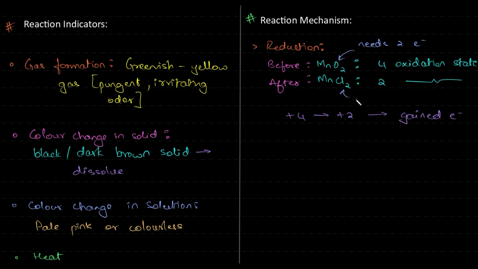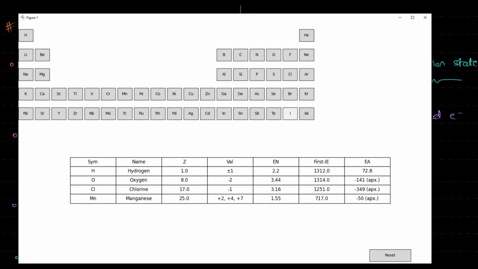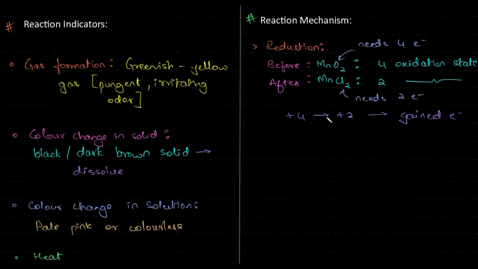Here it needs, sorry, not 2, my bad, 4 electrons. It needs 2 electrons. Again, go back to the valency. It should make sense. So it gained electron and thus it got reduced. Does it make sense? Again, everything is quite simple, guys, provided you understand from the basic.